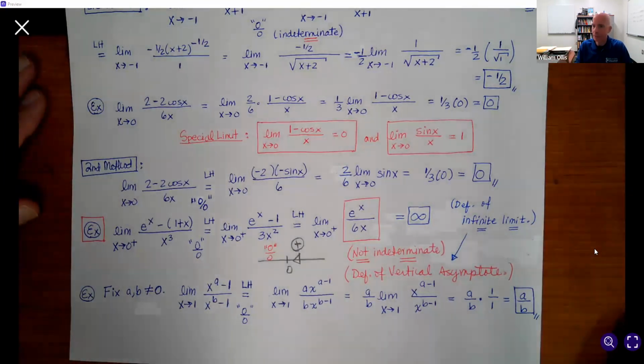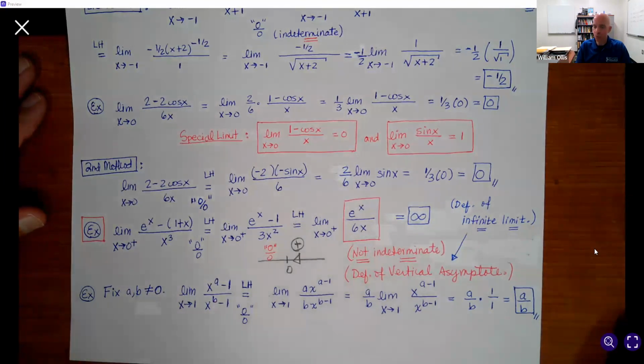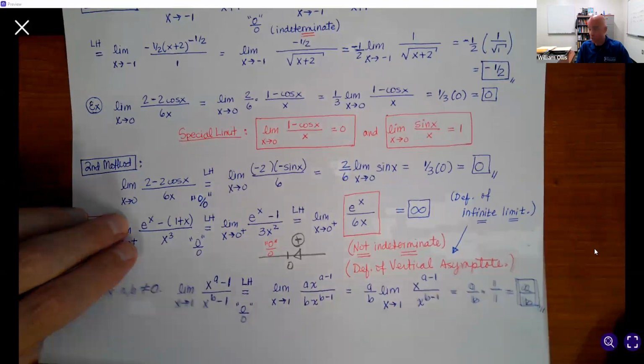Can we make a conclusion? And then that takes you right back to calculus 1. So using L'Hopital's rule is going to make you better at computing limits, because now you have an additional tool, but then you have to remember the ideas that you learned in your previous course.